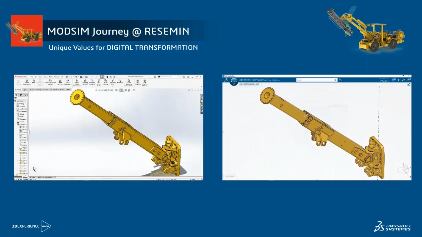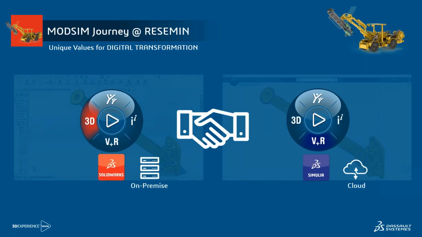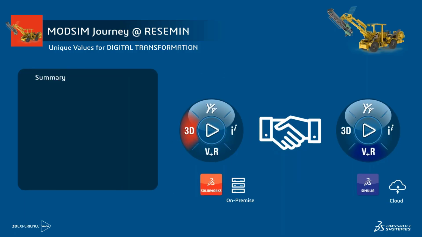So how can the 3DEXPERIENCE SOLIDWORKS environment be integrated with this particular simulation solution? Here we are talking about two brands of Dassault Systèmes, SOLIDWORKS and SIMULIA, integrated inside the 3DEXPERIENCE platform to work collaboratively and do the analysis without being disconnected or working in silos.